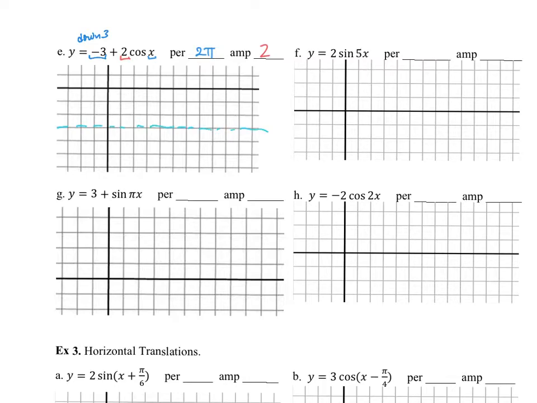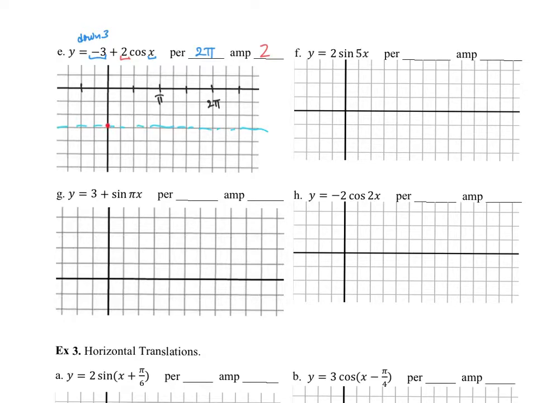Since the period is 2 pi, I'm going to space it out so that the 2 pi is split into 4 clear points so that I can go around the unit circle easily. And then the amplitude of cosine is 2. So I'm going to graph it from the midline, pretending like the midline is my 0.